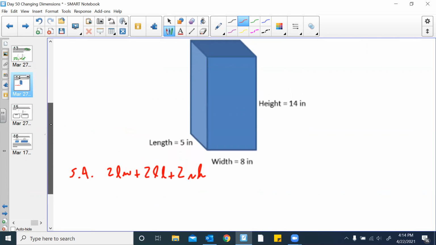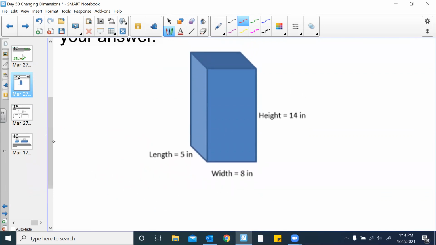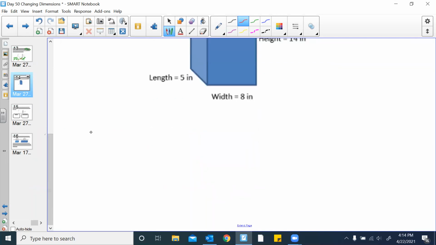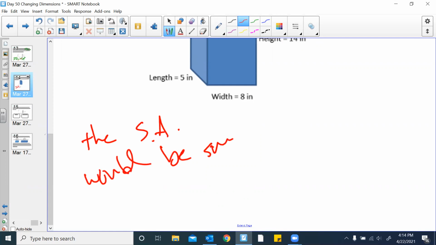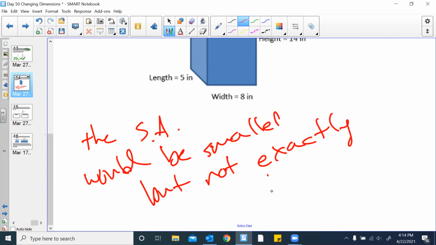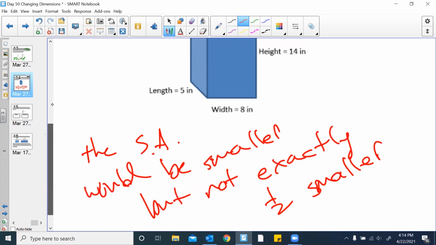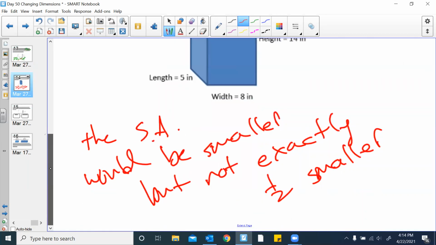Well, there would be a difference. Let's say we're not going to do the math. Let's say the surface area would be smaller, but not exactly 1/2 smaller. It says to explain your answer, so I think that'll work.